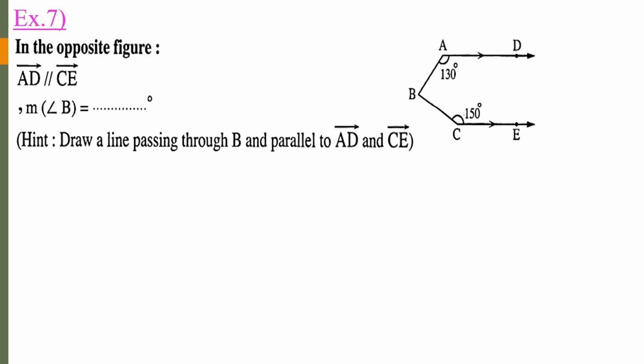Exercise number 7. In the opposite figure, AD is parallel to CE. The measure of angle B equals how many degrees? Here, draw a line passing through B and parallel to AD and CE. I draw the line BM.